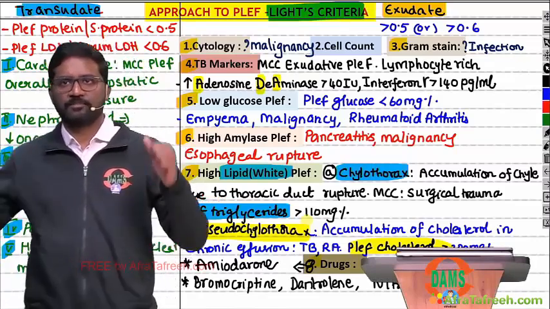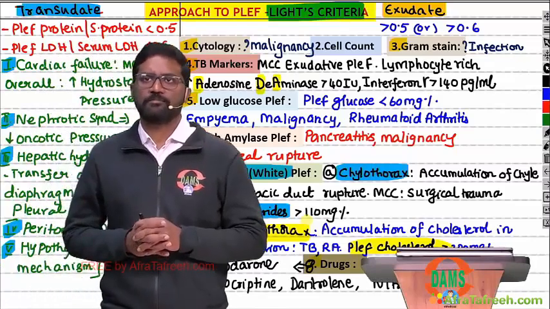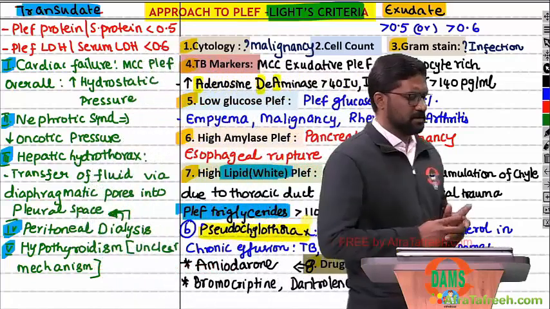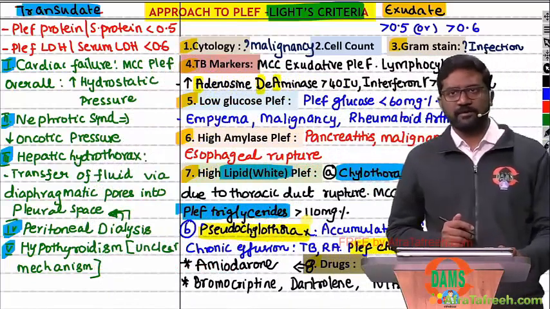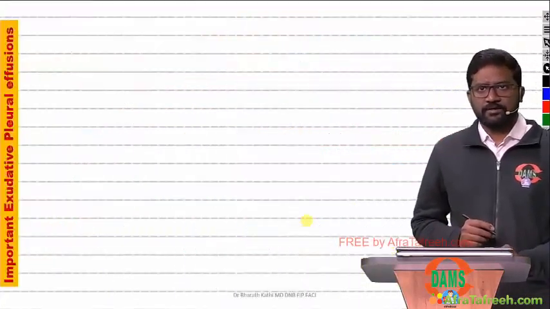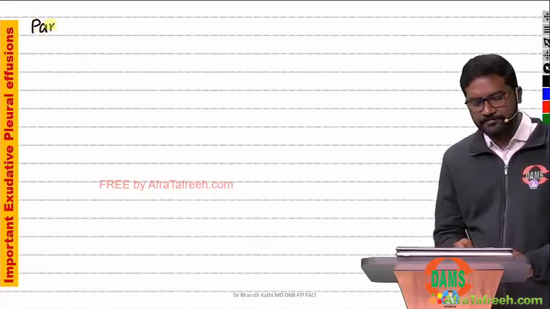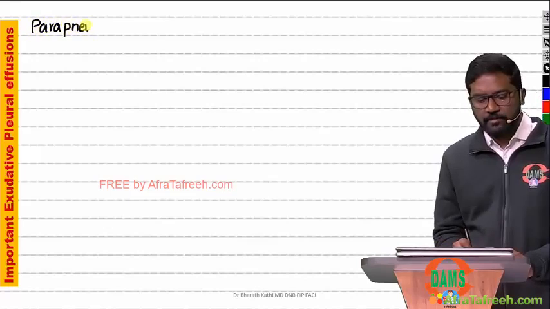Apart from this, there are few important exudative pleural effusions asked routinely in your exam. Let us see what are they. So write down important exudative pleural effusion. Number 1, we have parapneumonic effusion.